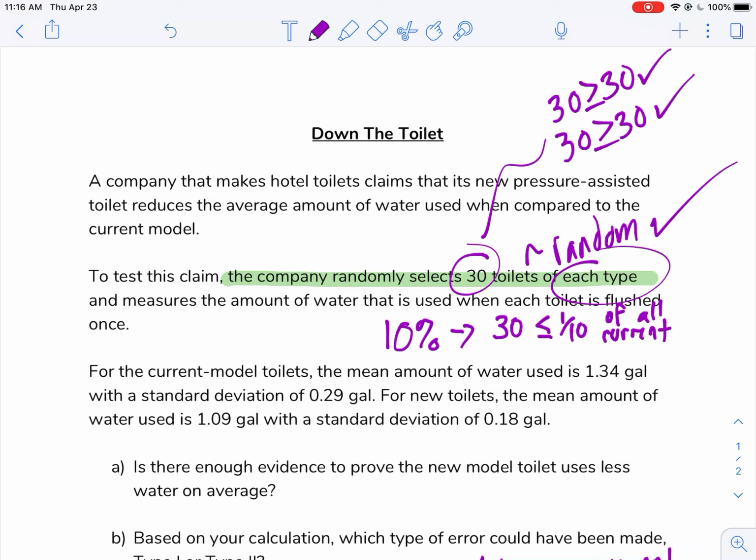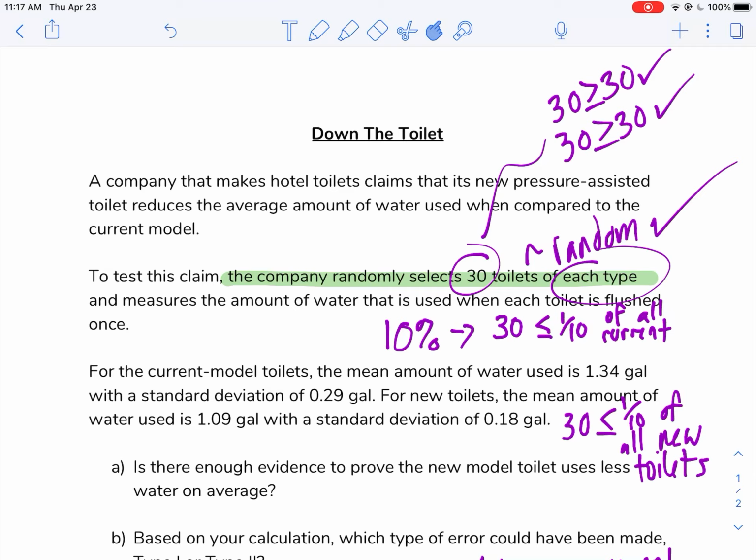Since they did it for both toilets, we'll say 30 is less than or equal to 10% of all new toilets. Which I think it's fair to say they're probably producing more than 300 of these toilets. So, I guess that's a fair assumption to make here.